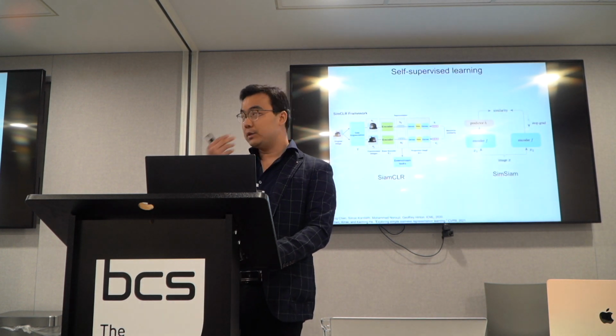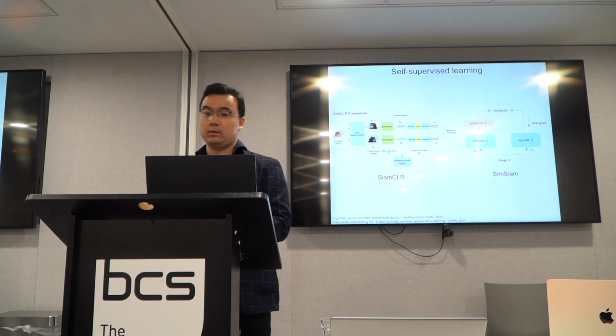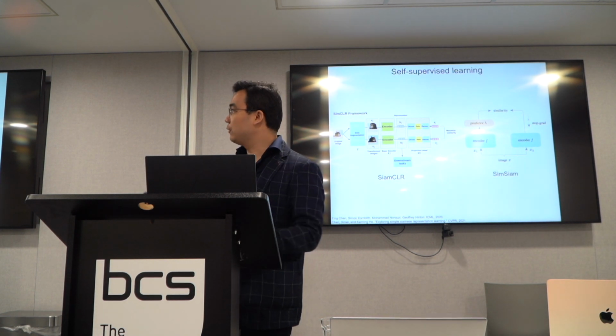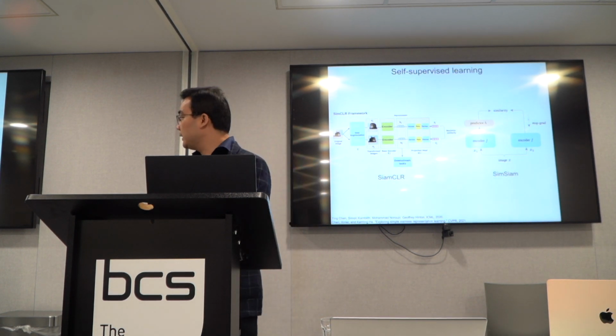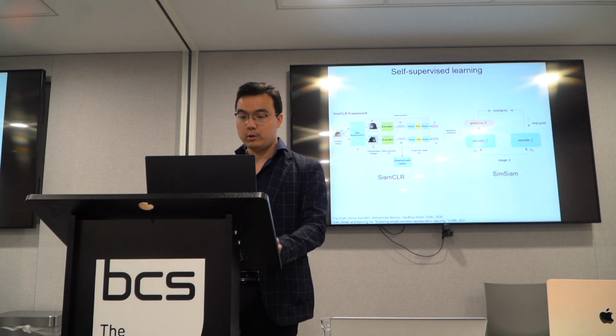In the famous self-supervised learning frameworks, usually augmented views from the same image are generated in the training process, and they compute the similarity as a loss function to train the framework.